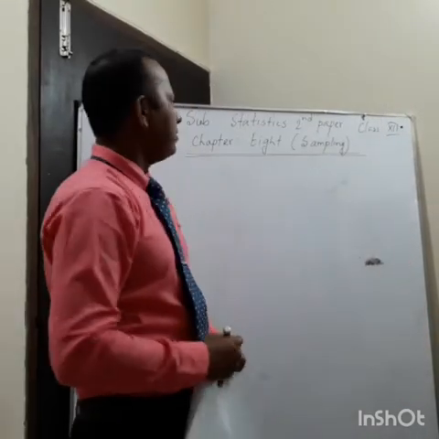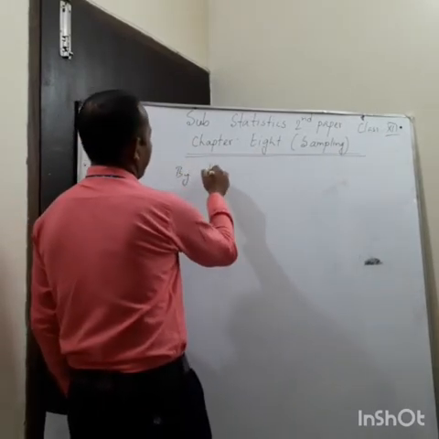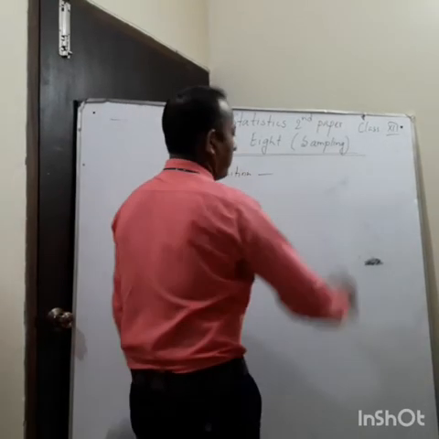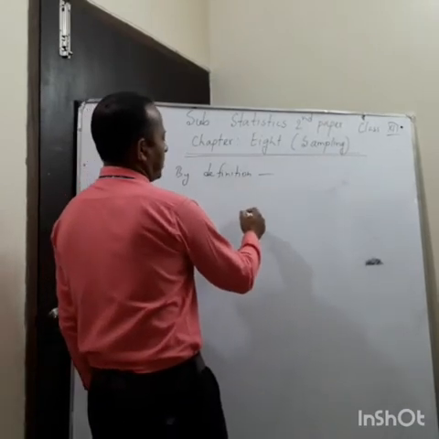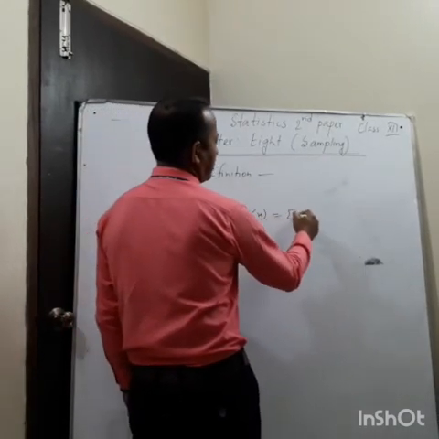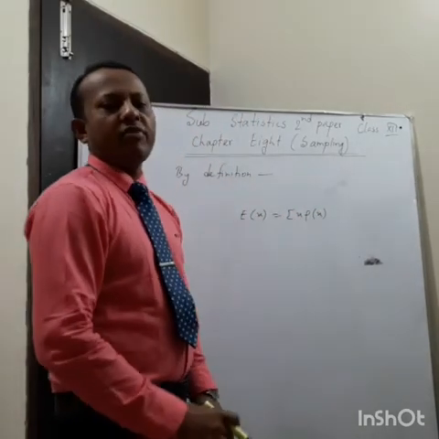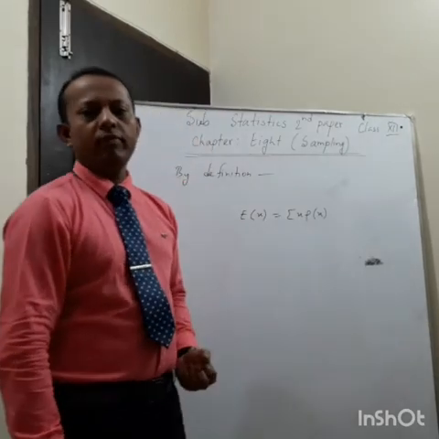By definition, dear students, expectation of x equal to summation x probability of x. This is the mathematical form of mathematical expectation of a random variable.